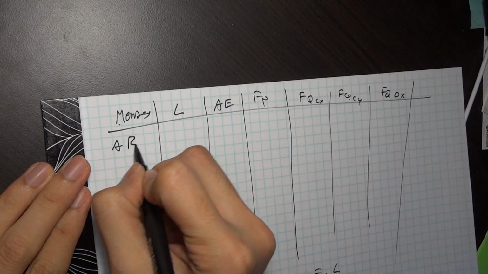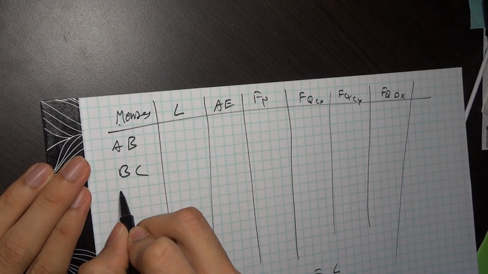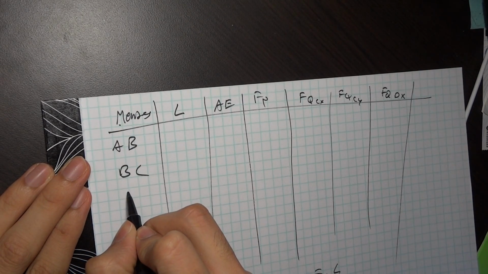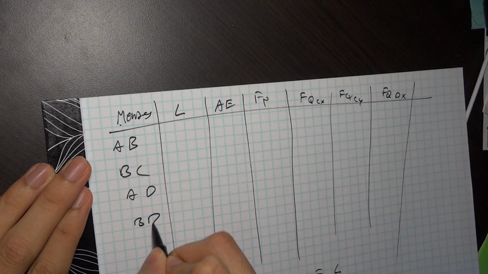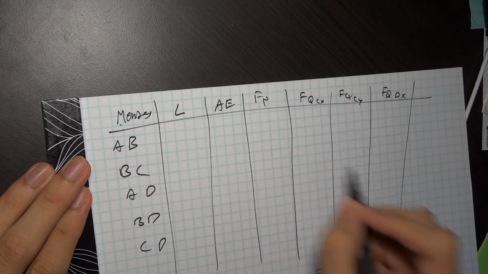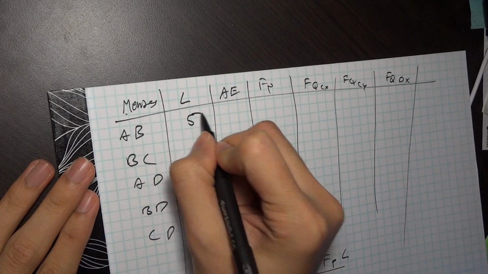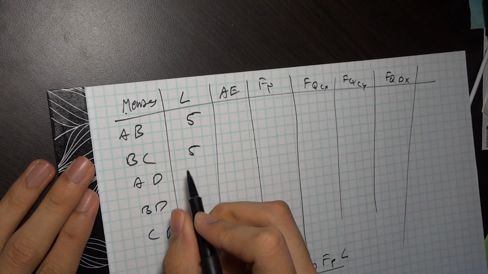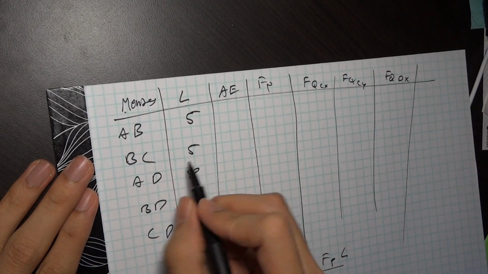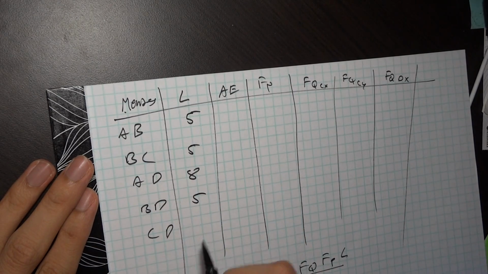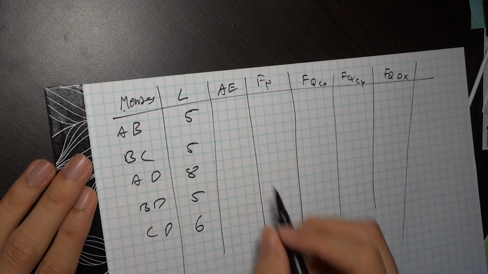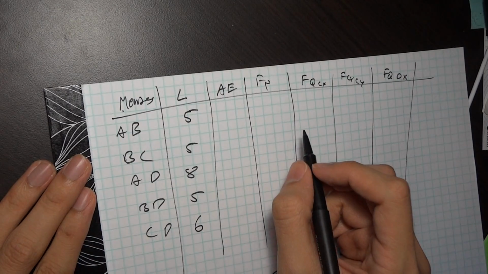So we have AB, BC, AD, BD, CD. We have 5 members. I'll just give you the length. The lengths aren't that hard to figure out. BC and AB are both 5. AD is 8. BD is 5. CD is 6. AE is the same all the way down.